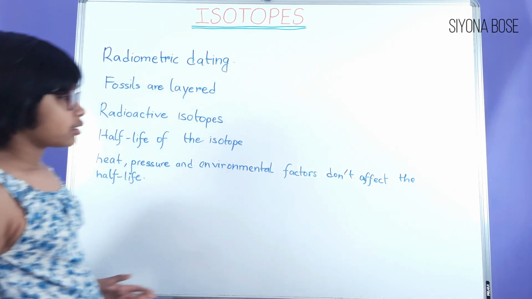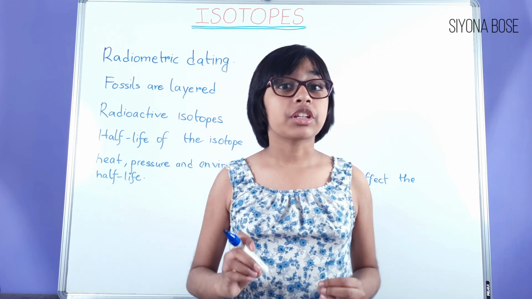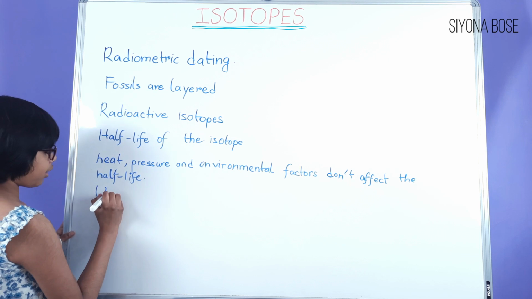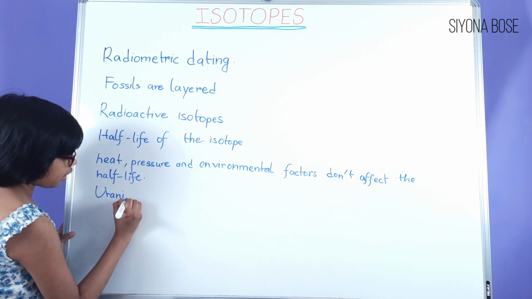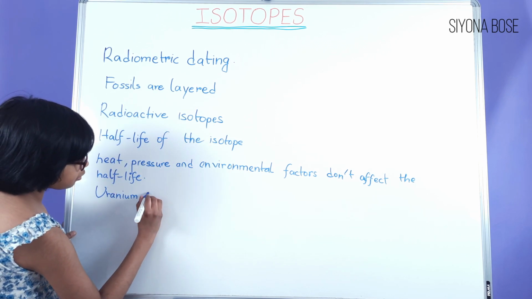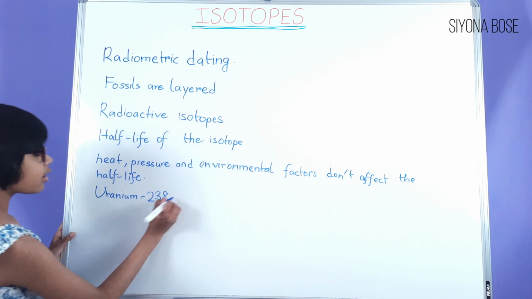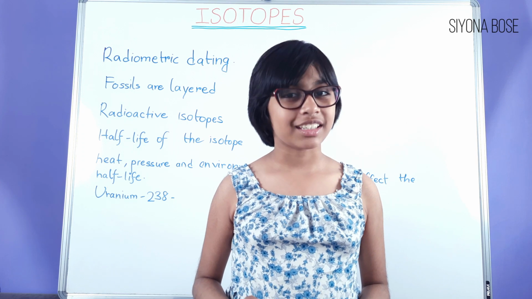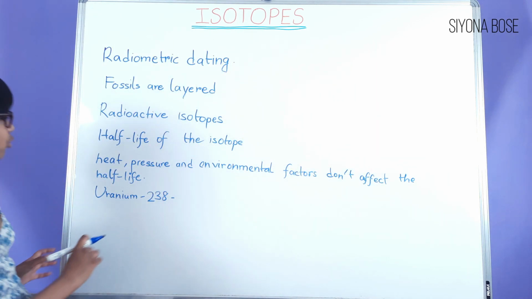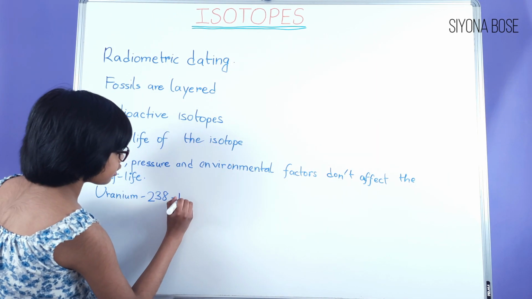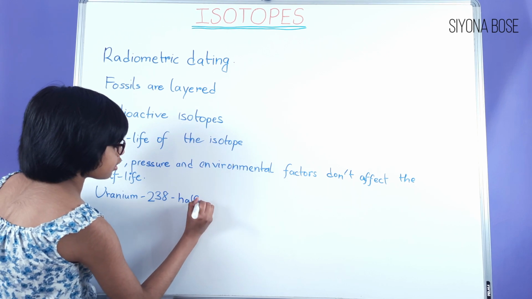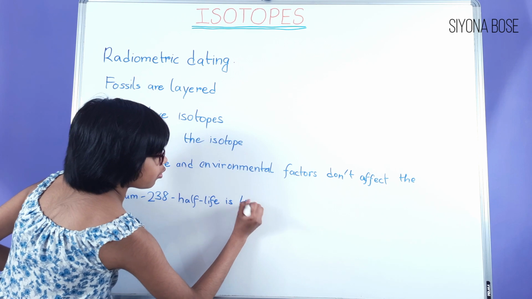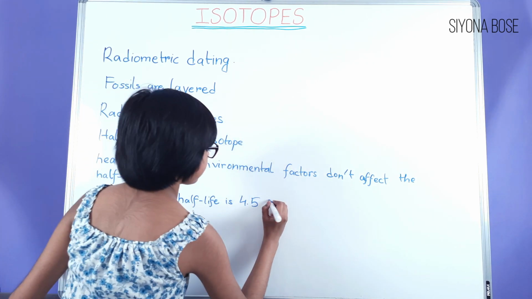But there's a record: for example, the isotope uranium-238 has a half-life of 4.5 billion years. Yes, that's right, 4.5 billion years.